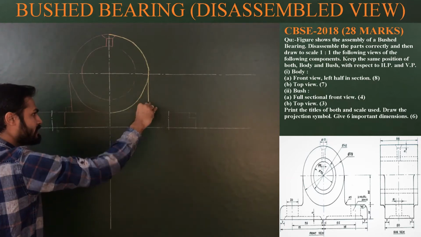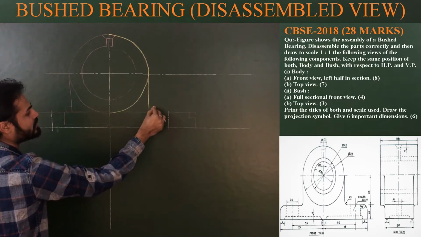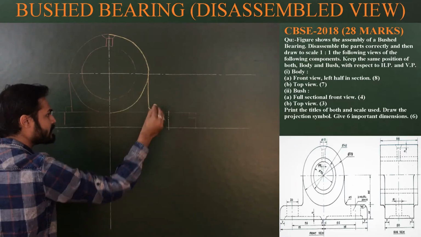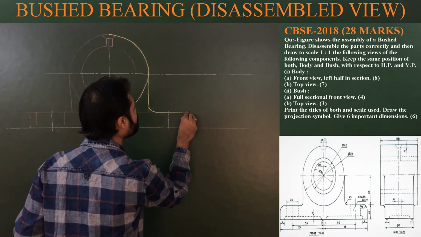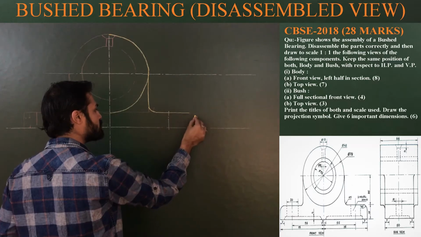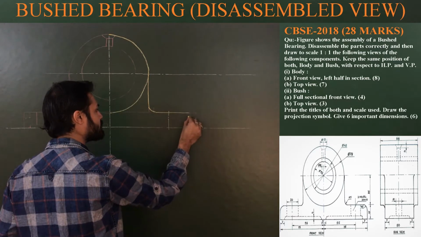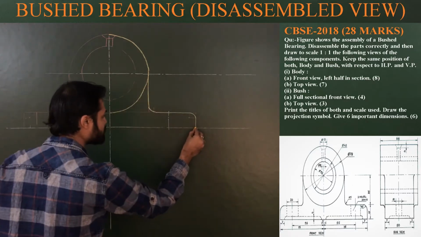This is also visible, and from this point to this point using this center, this much 5 as radius, fillet, then extend it up to this point. So from this point and from these 2 points, this as center, this much 5 as radius, fillet like this.